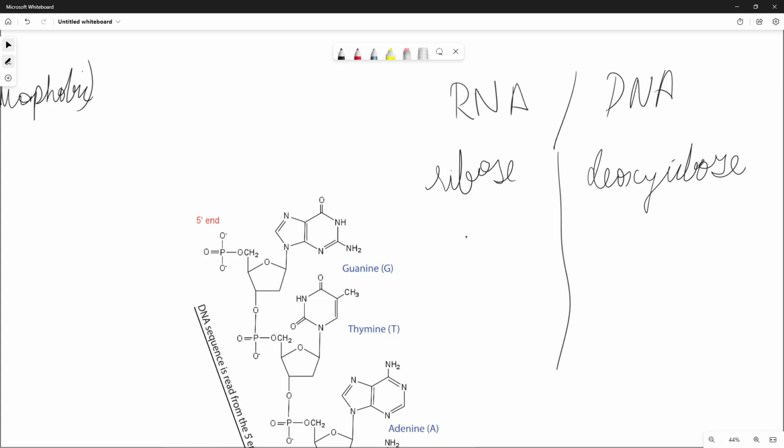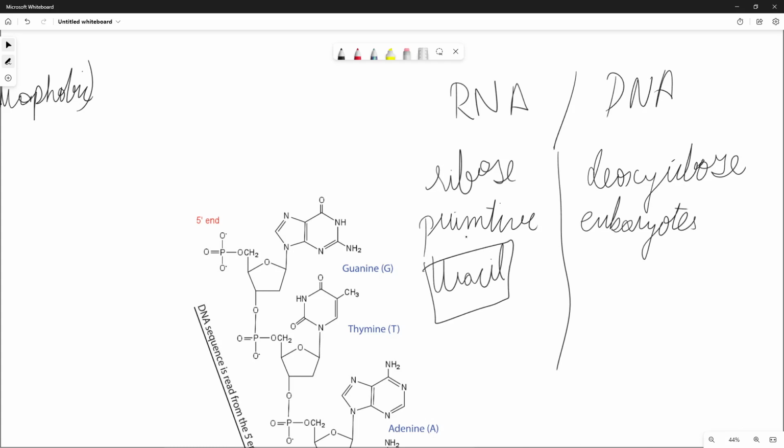Then RNA is very primitive, which means it belonged in the prokaryotes first, whereas DNA belongs in eukaryotes mostly. The bases in RNA are also different. RNA has uracil, and DNA has thymine. One important point to note is that RNA does not have the base thymine, but DNA does, and DNA does not have the nitrogenous base uracil, but RNA does.